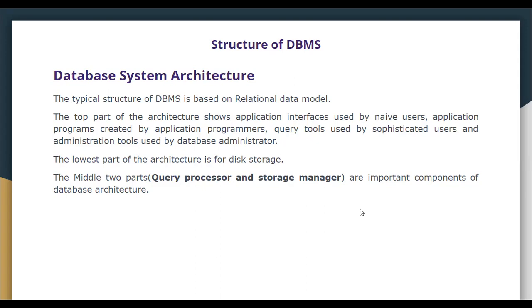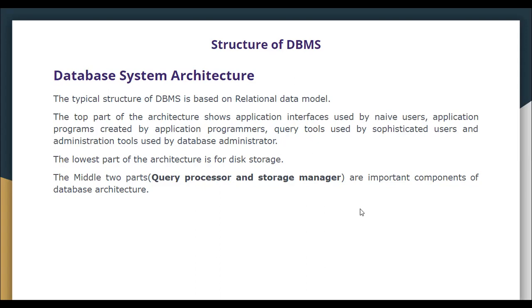We can also access different files. The typical structure of DBMS is based on the relational data model. I can show this architecture: application interfaces used by naive users, application programs created by application programmers, query tools used by sophisticated users, and administration tools used by the database administrator.